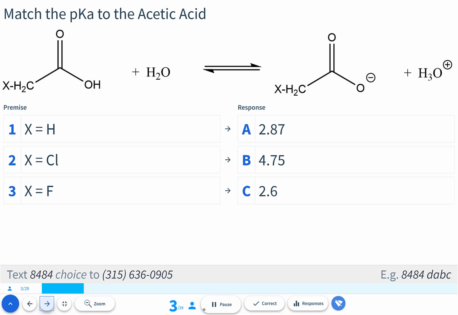My hint here is that as we go through this, we're now going to end up in that basic first principle that I talked about at the beginning of class.